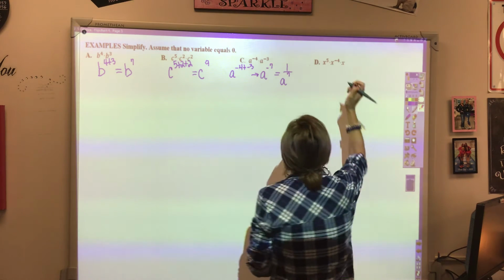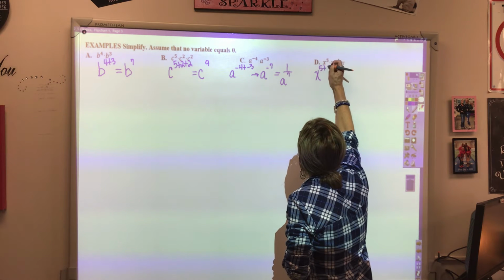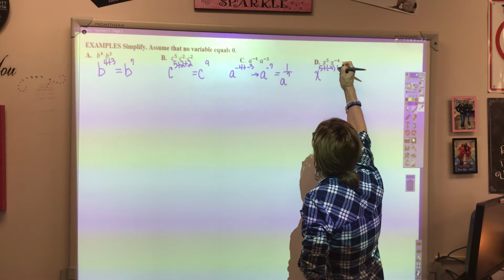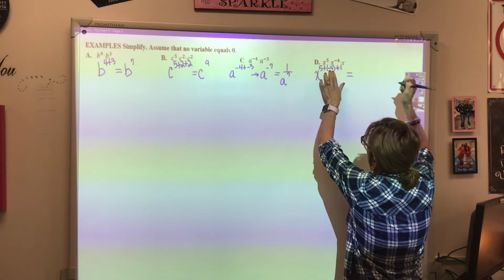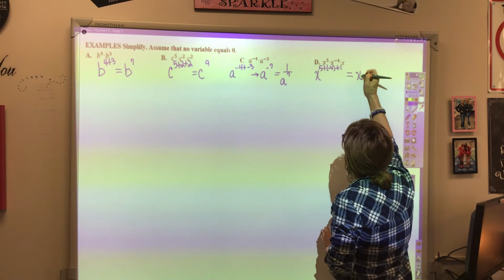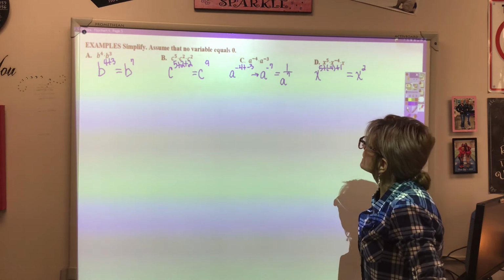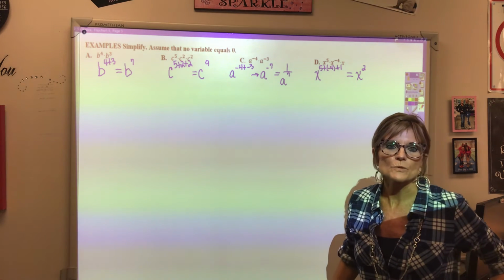On the last one, we would have x to the 5th plus a negative 4. A single x is a 1. So this would give us 6 minus 4, which would give us x squared. So those are some examples working with the product rule.